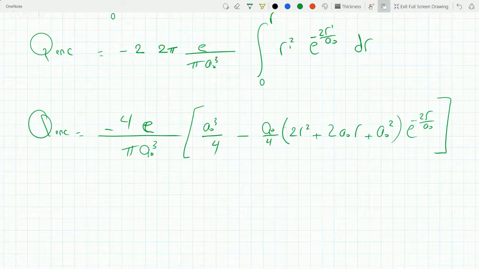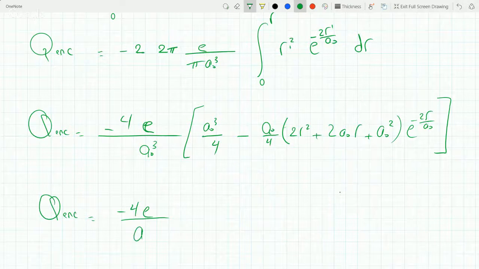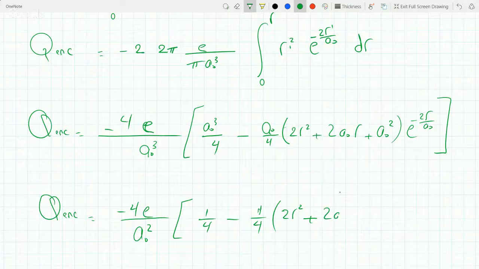I could cross out an a0 with a0 here, and I would get Q enclosed equal to minus 4e over pi, we said pi canceled out, over a0 squared times 1/4 minus 1/4 times 2R squared plus 2 a0 R plus a0 squared, e to the minus 2R over a0.